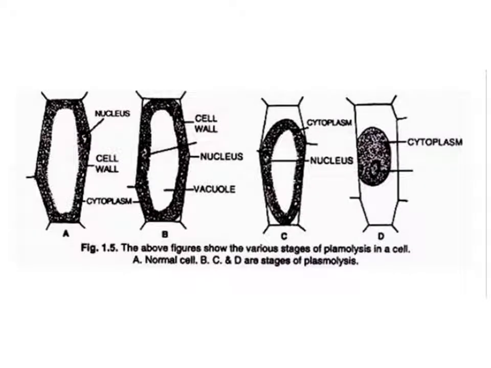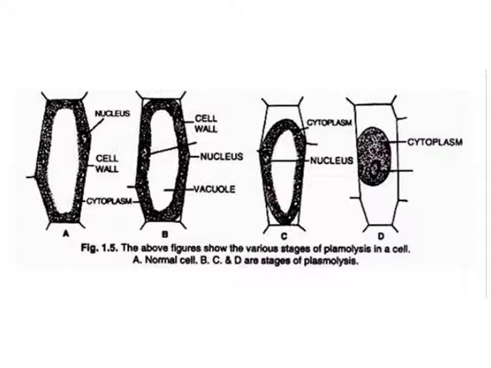Now again, these diagrams help us understand plasmolysis better. Plasmolysis, I repeat, is a phenomenon that occurs when the plant is in hypertonic solution. The content of the protoplasm and the cell membrane are losing water, so they are shrinking.